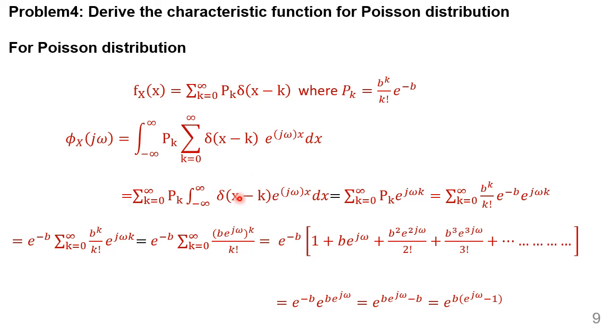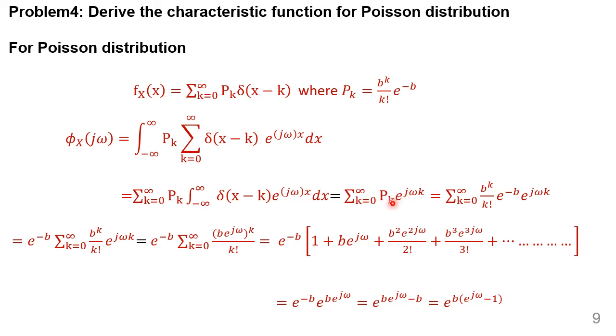We apply the property of impulse functions. We know that x is equal to k, so it has to be replaced in the place of x. Therefore, we get the summation, k varying from 0 to infinity, pk e to the power j omega k.